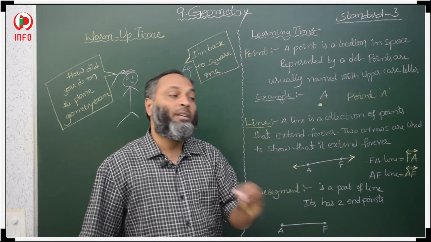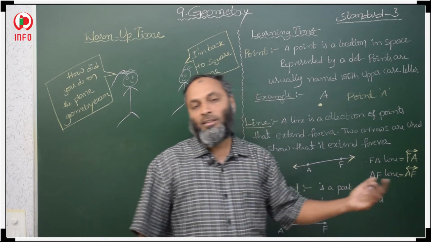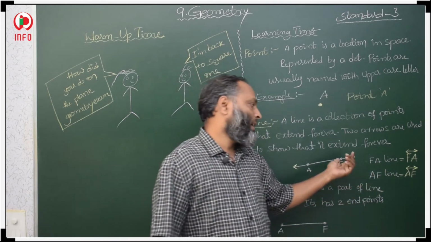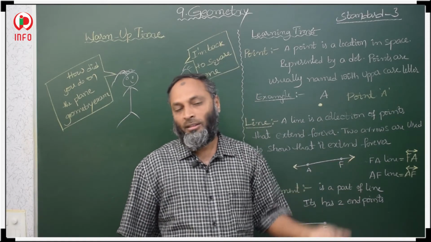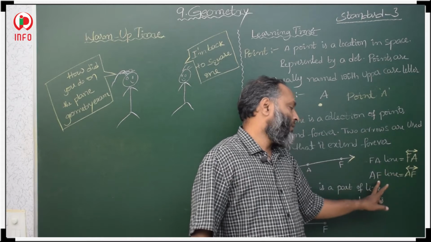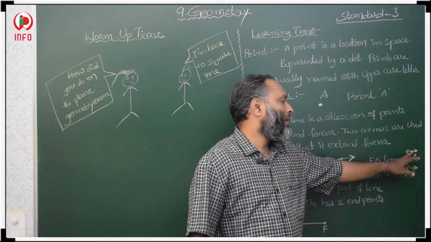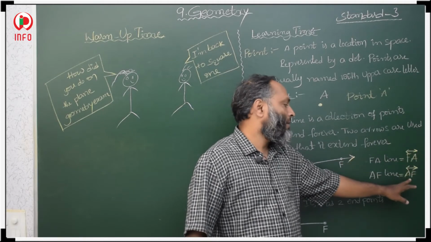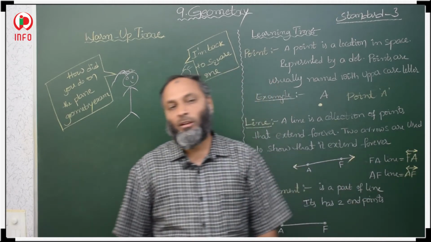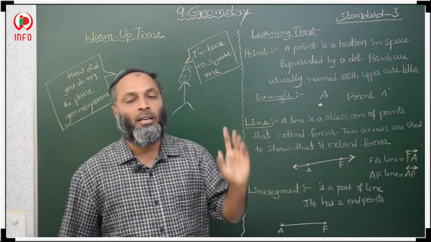To represent it, FA line or AF line, both representations are correct. That is in words. Then how to represent it symbolically? We draw the line symbol over FA, and AF also like that. This is the representation of a line.